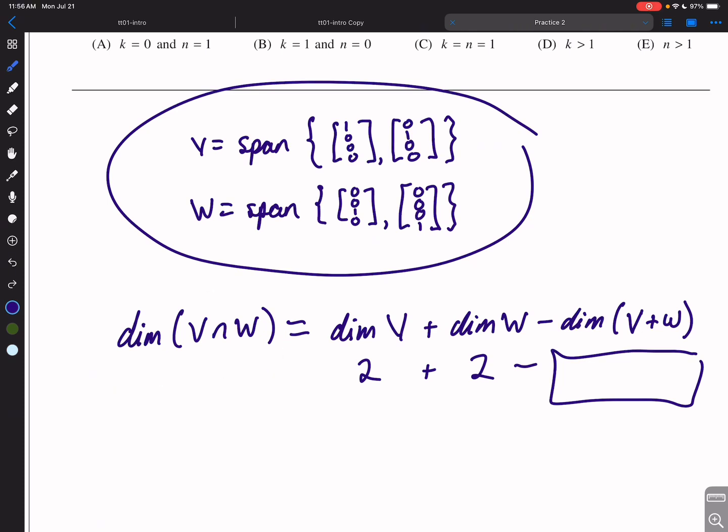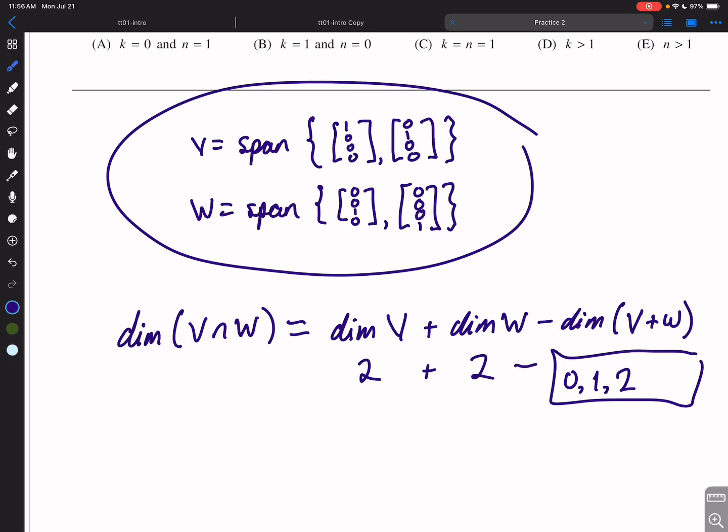So again, we're going to take the perspective that we're starting from V, but we're imagining that there are various vectors in W that are independent of V, and there could be either 0, 1, or 2 vectors. Now I'm going back to the case where we're living in R^4.